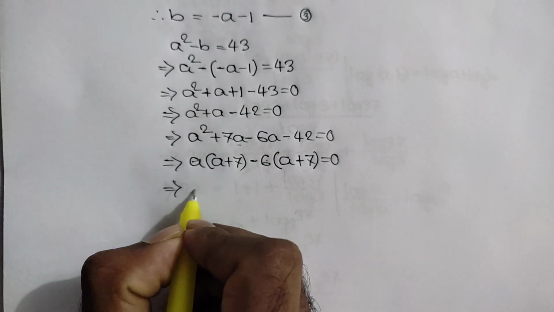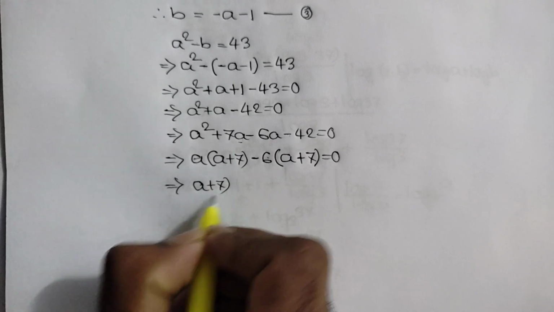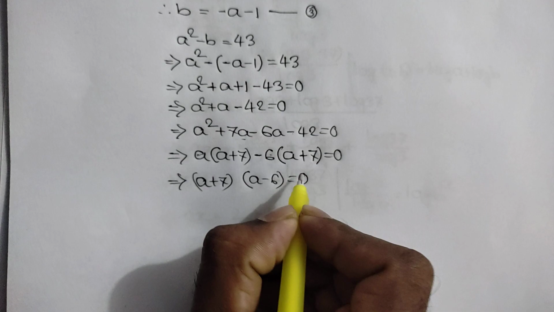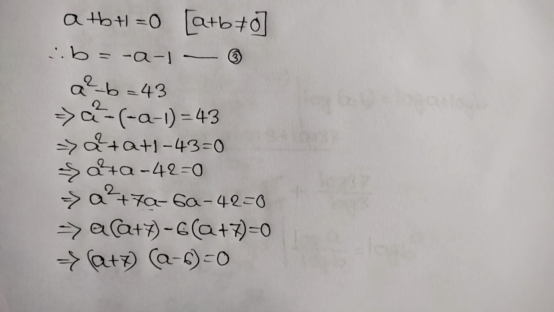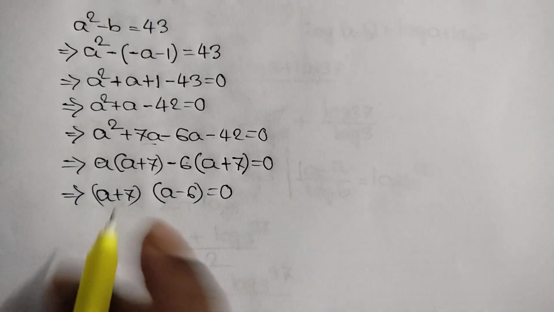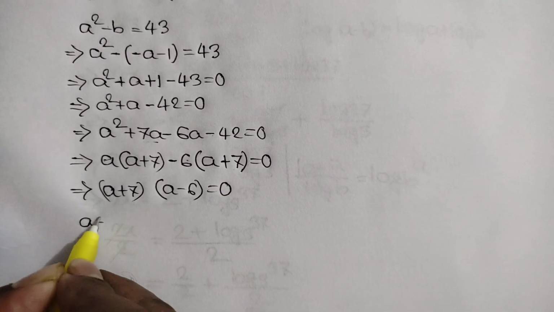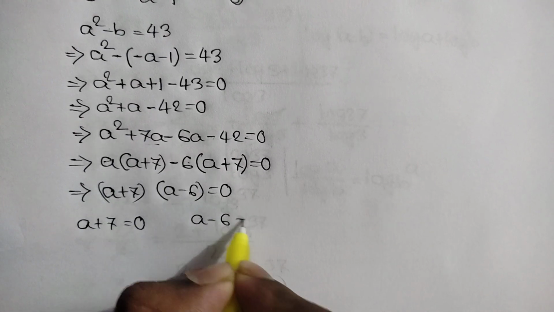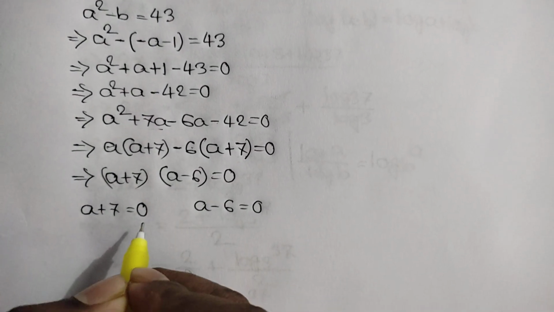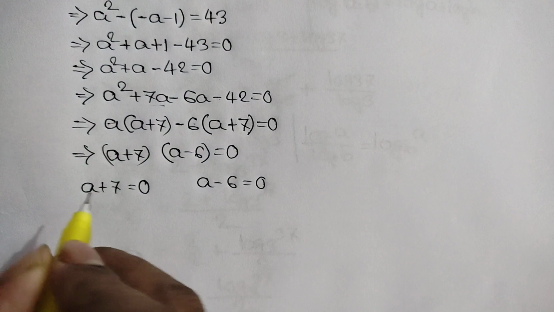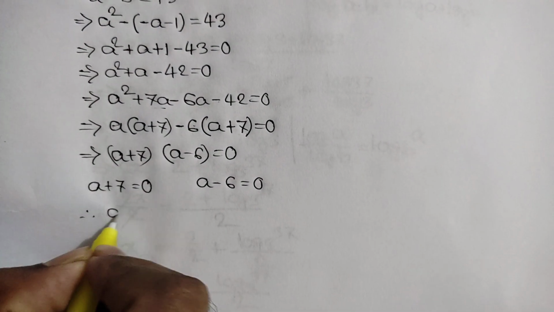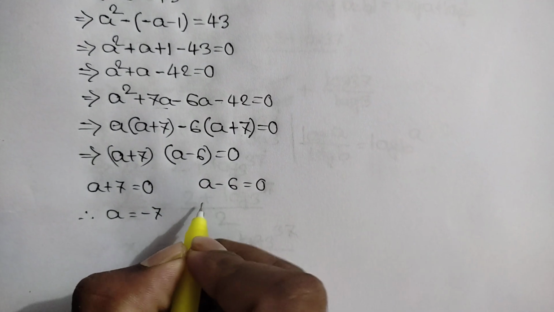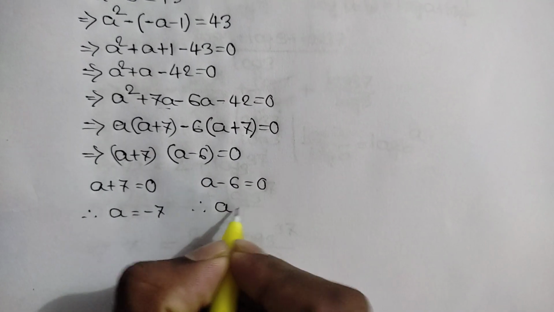Now taking common a plus 7, we can write a plus 7 bracket a minus 6 is equal to 0. Now we can write a plus 7 is equal to 0 and a minus 6 is equal to 0. When a plus 7 is equal to 0, then the value of a is equal to minus 7, and when a minus 6 is equal to 0, then a is equal to 6.